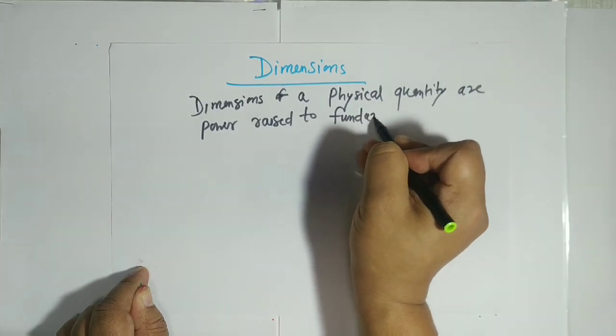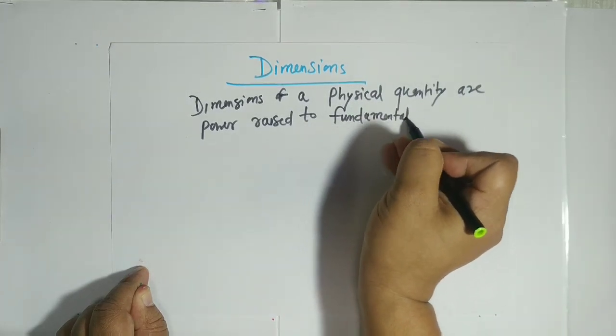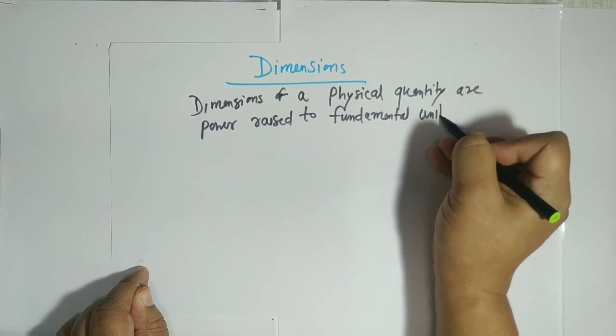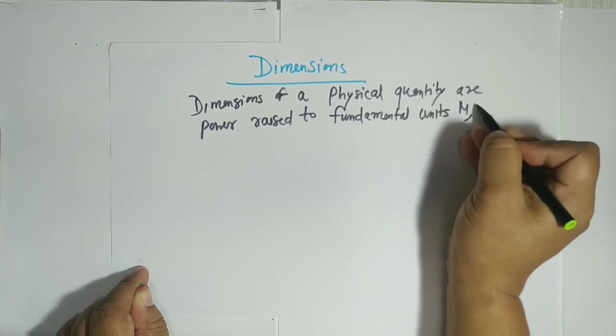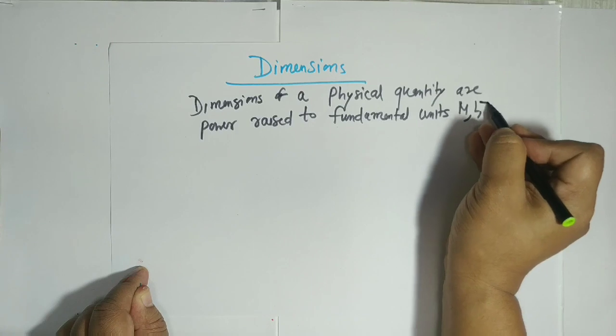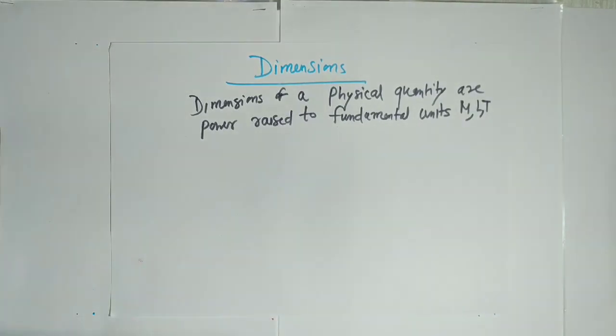Fundamental units. Fundamental units means mass, length, and what? Time. That is MLT. Any physical quantity is denoted by these fundamental MLT.